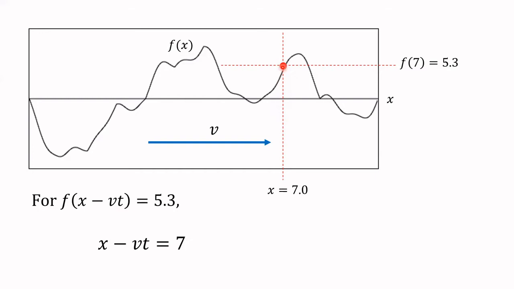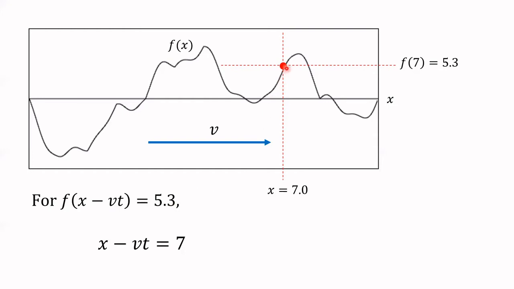We know that the height, 5.3, is the output of the function if you plug in the number 7. So for this entire expression, x minus vt, regardless of what x, v, and t are, the combination x minus vt needs to be the number 7 in order for 5.3 to come out.